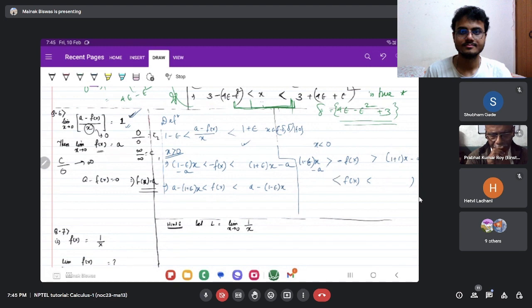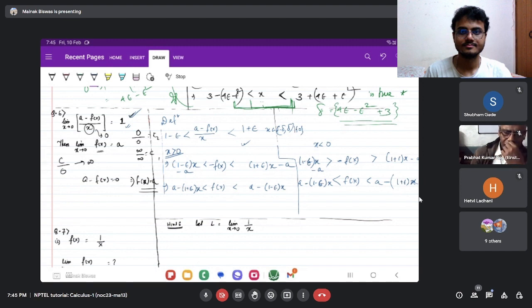So this is a minus, so you multiply this, so you get a minus 1 minus epsilon x, and you get here a minus 1 plus epsilon x. Is this all right? Just rewriting the equations in a particular way.